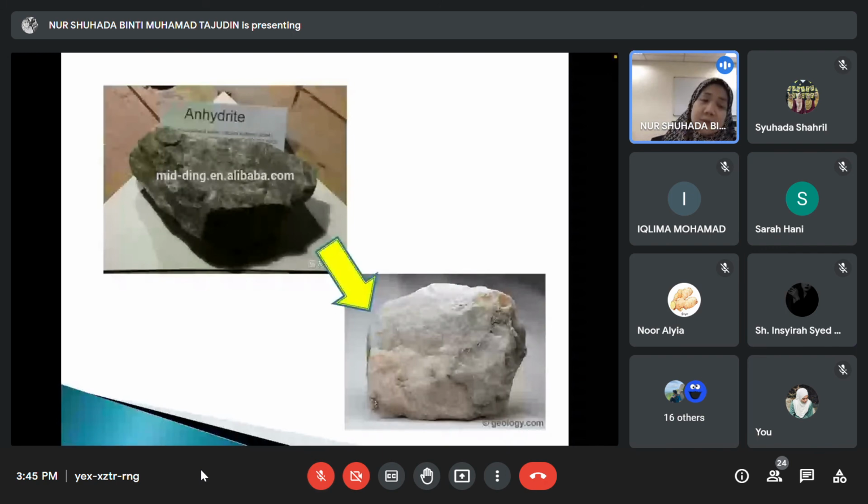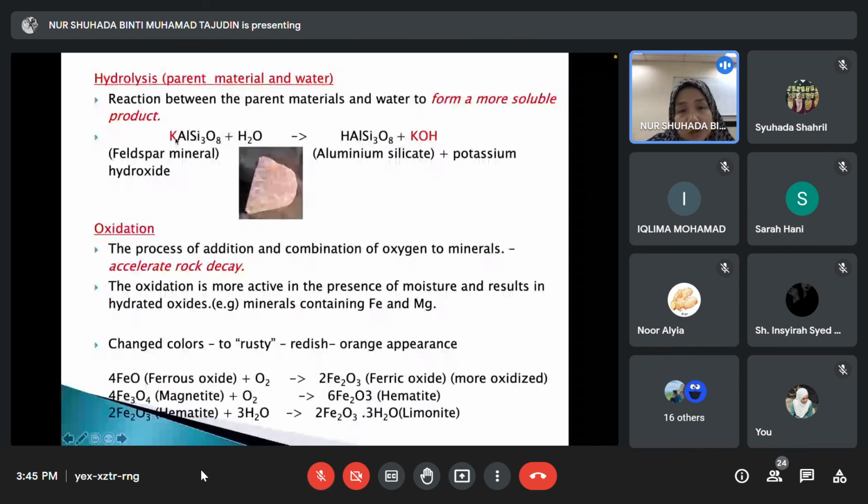Then the third one is hydrolysis. Hydrolysis is the reaction between the parent materials and water to form a more soluble product. From here you have feldspar, mineral hydroxide, which contains potassium, aluminium, silicon and also oxygen.